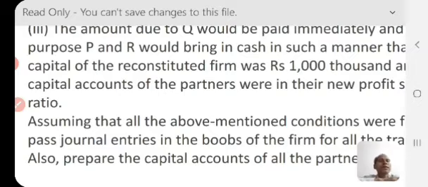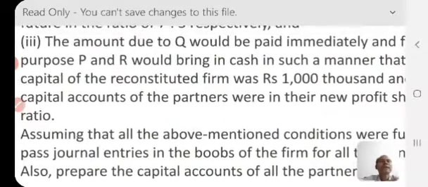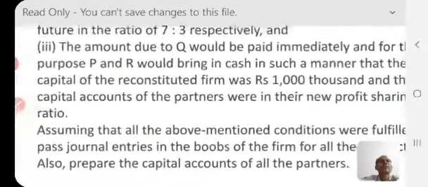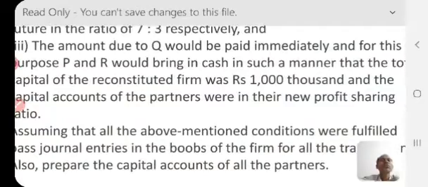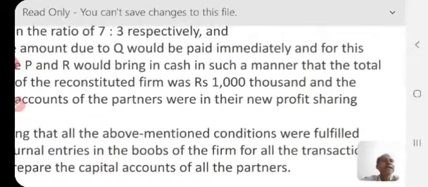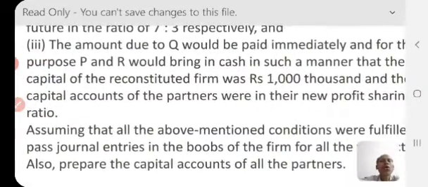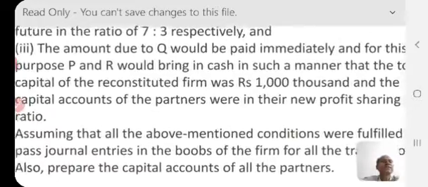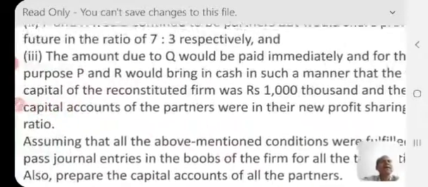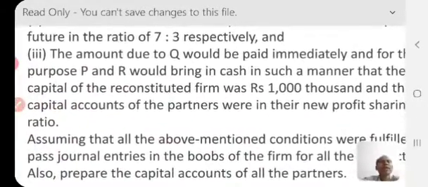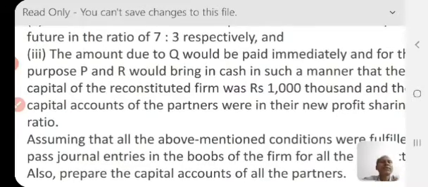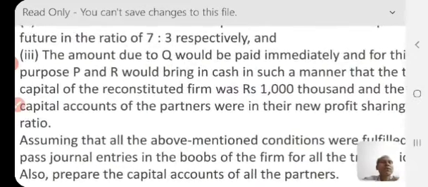So, some complexity is there. Read this point once again. The amount due to Q would be paid immediately, first thing. And for this purpose, P and R would bring in cash in such a manner that the total capital of the reconstituted firm was 1,000 thousands.